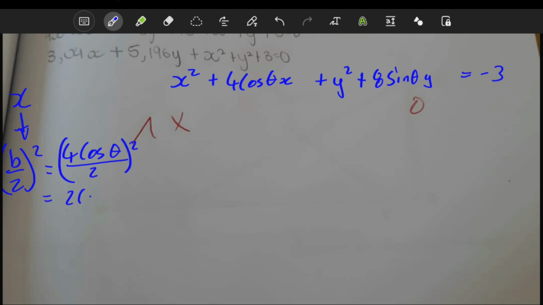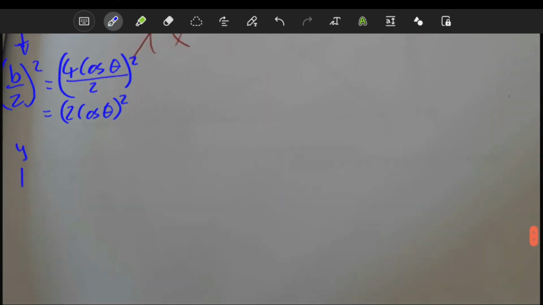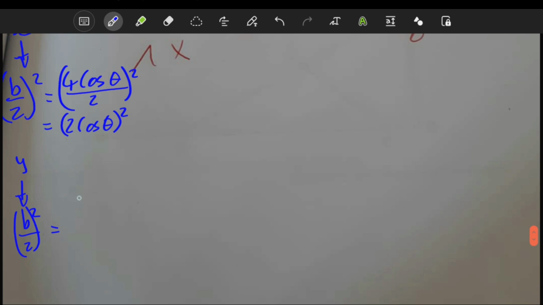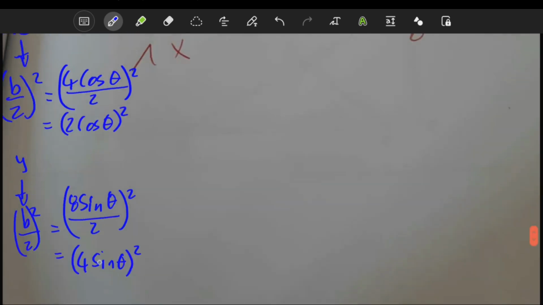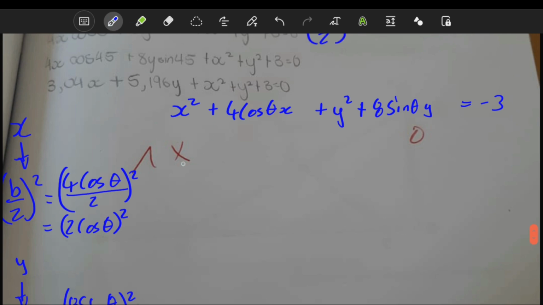This just gives you 2 cos theta; don't square it, just leave it like that. For the y, your b over 2 squared is 8 sine theta over 2, which is 4 sine theta, the whole thing squared. So this is what you have to add on both sides.